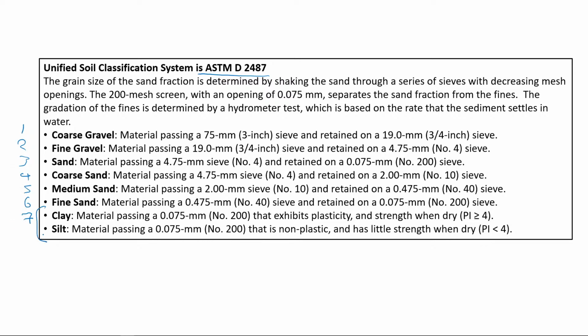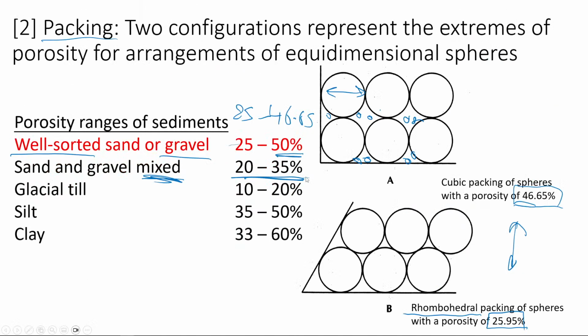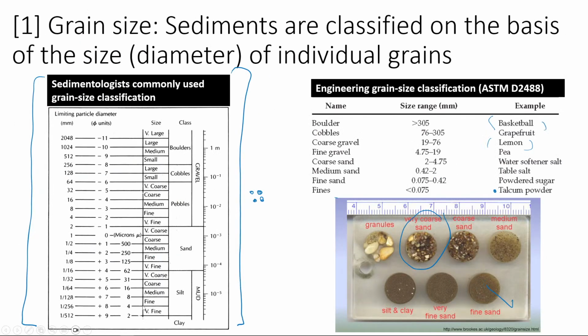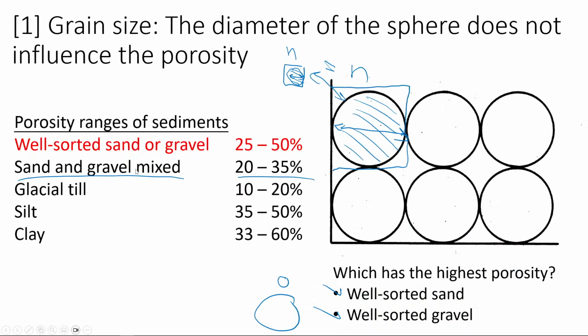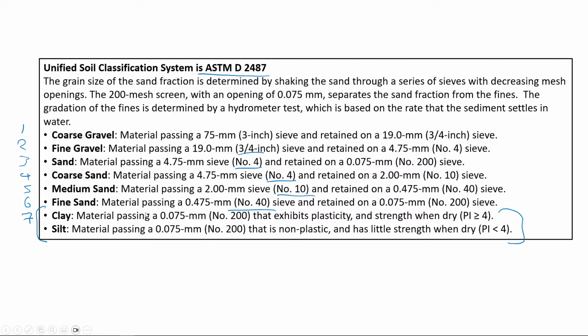This is sieve number 7. This is 200. This is sieve 40, sieve 10, sieve 4, sieve 3. This is a very different classification than the one by the sedimentologist. This is a classification based on civil engineers.